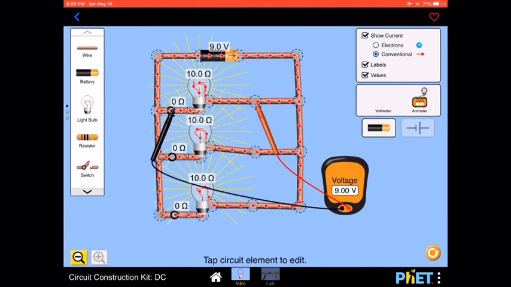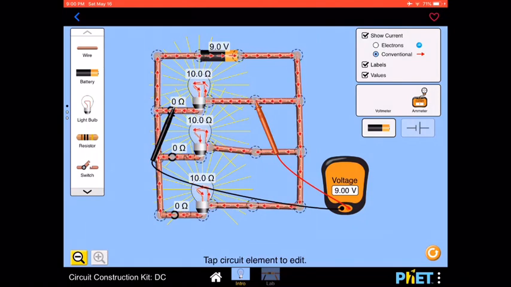When we have a parallel branch, we consider the voltages across it to be the same, but when we have a parallel circuit, we consider the circuit to be a current divider. Unlike a series circuit, which is a potential divider where the current is the same throughout, here, when you have resistors in parallel, the voltage across each resistor is the same, but the current is different.